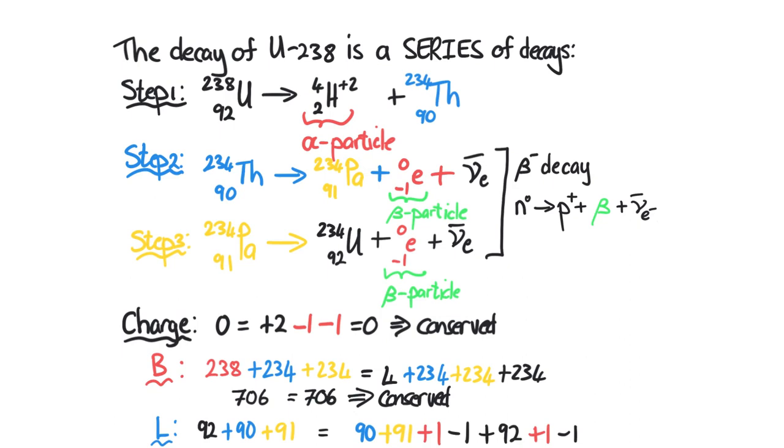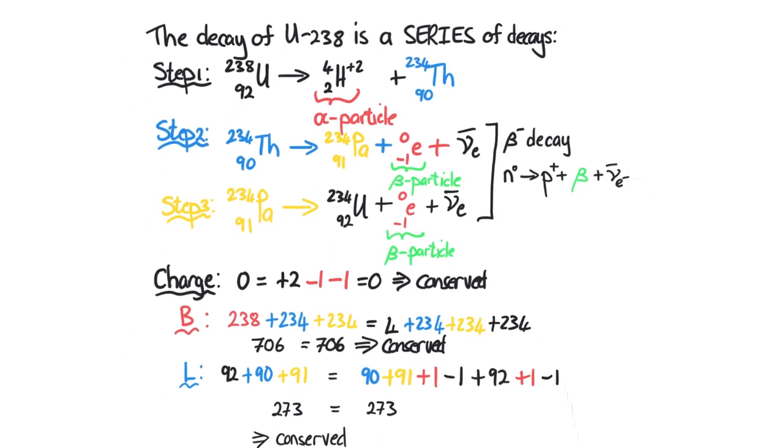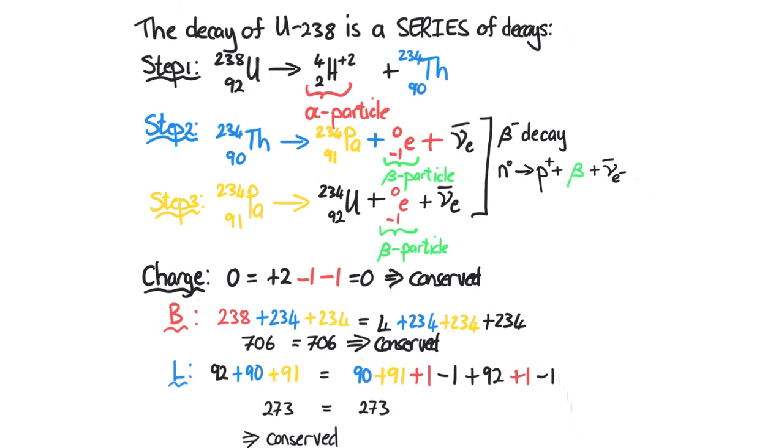If we now look at the lepton numbers, we've got 92. Remember, this is not only the number of protons, but also the number of electrons. So it's 92, 90, and 91. On this side here, we don't have electrons in there.